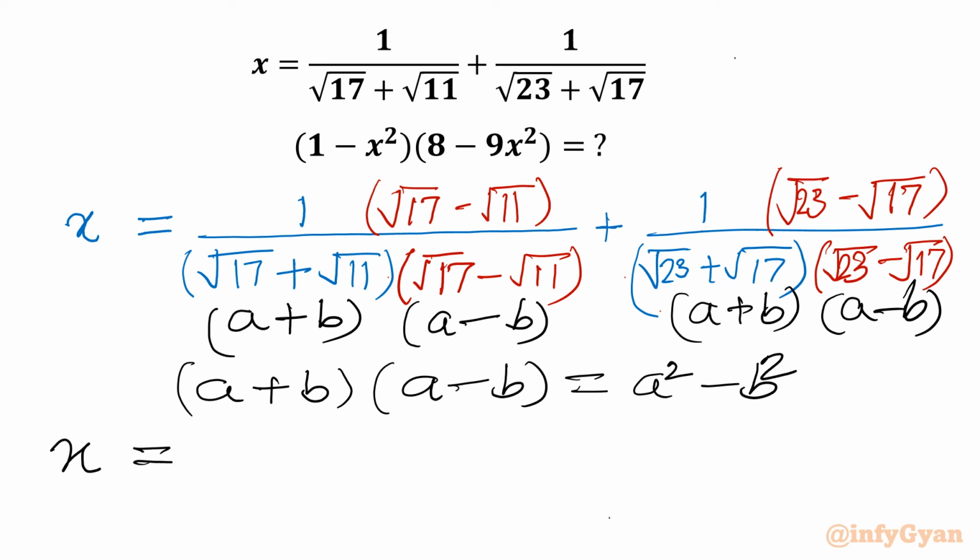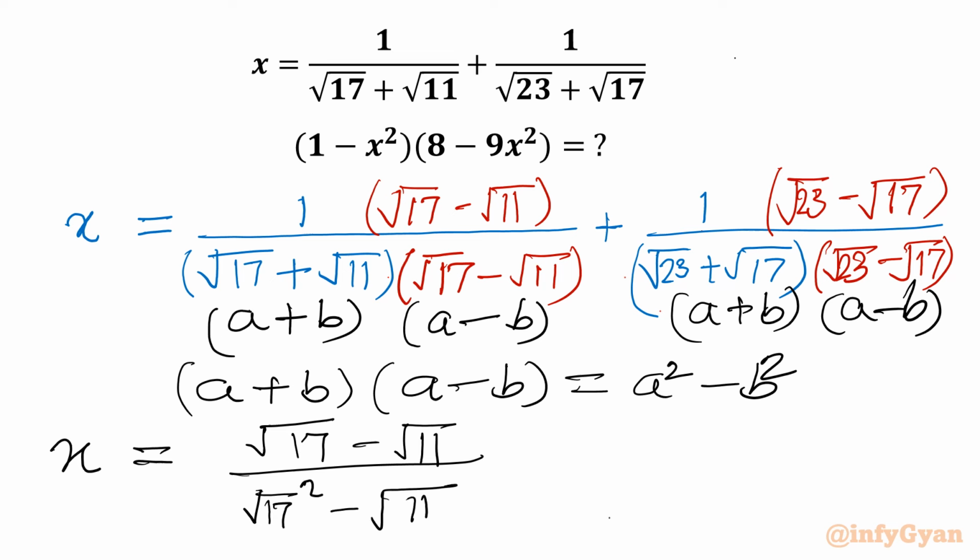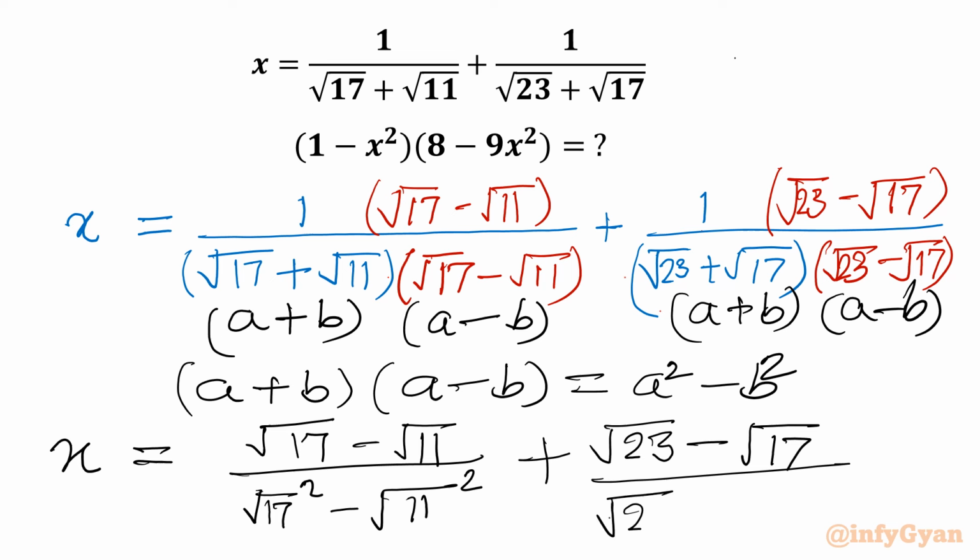So x will become root 17 minus root 11 divided by root 17 square minus root 11 square, plus root 23 minus root 17 divided by root 23 square minus root 17 square. Now square root and square we can cancel in the denominator. So the denominators will be 17 minus 11 and 23 minus 17.